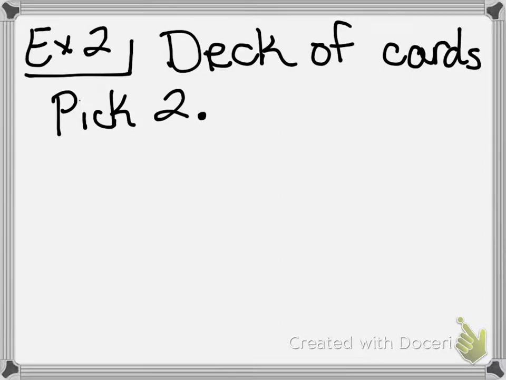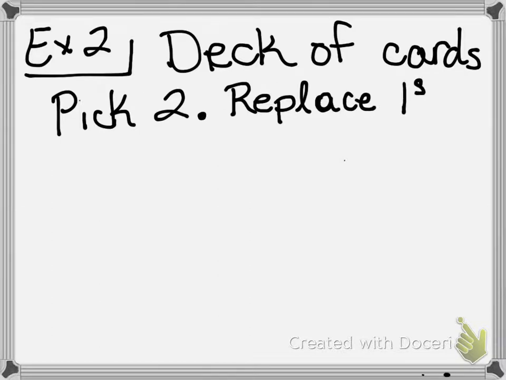Now, after we grab the first one, we are going to replace it. So basically what's going to happen is we're going to draw a card, look at it, awesome, put it back, and draw another card.